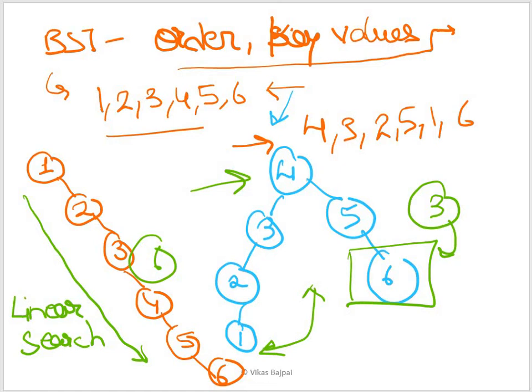Although the set of key values remains the same, but yet since the order got changed, the number of comparisons are lesser in the second case, whereas the number of comparisons are higher in the first case, right? So this is something which is a major drawback of binary search tree, or else for search it works very well, right? As far as search is concerned, it works very well.